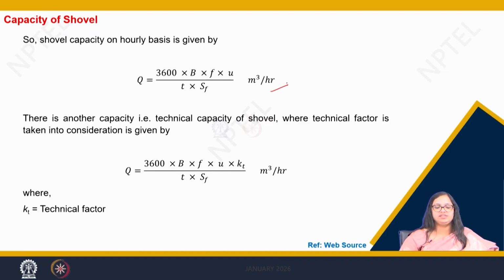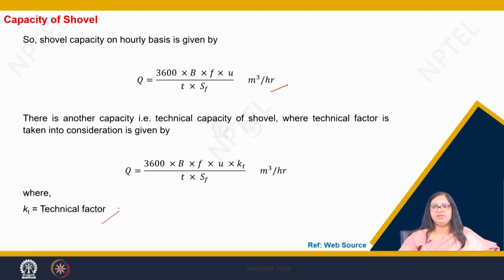Now there is a term called the technical factor, which is KT. So this technical factor depends on how big your boulder or how big your chip size is, or how big your cut material is. Let's say when you are excavating, it all depends on what should be your speed and what should be your penetration forces that you are putting in, and what kind of rock it is, if it is a very fragile, friable rock, or if it is a very hard rock.